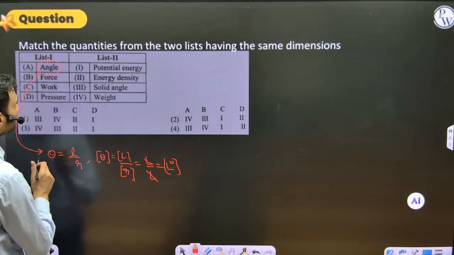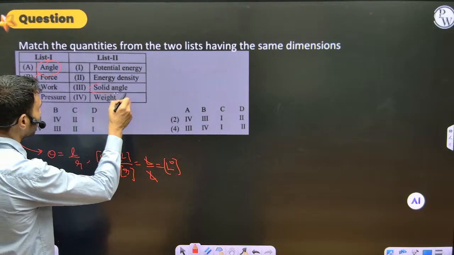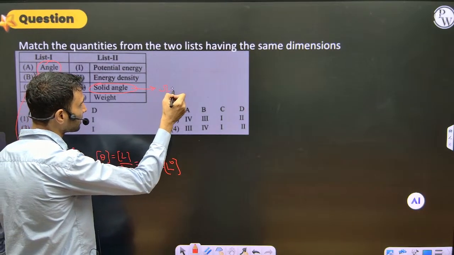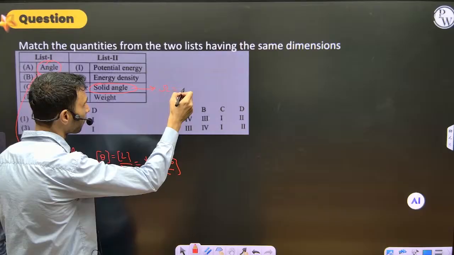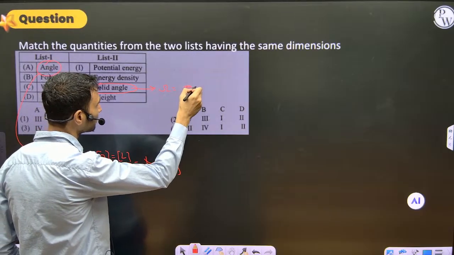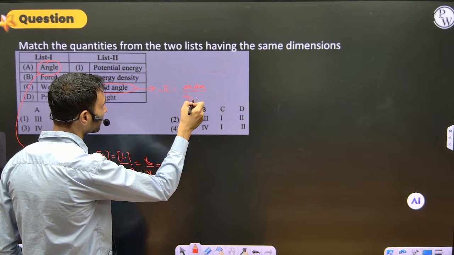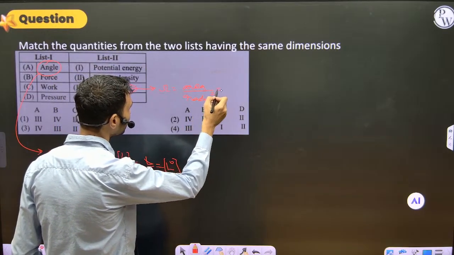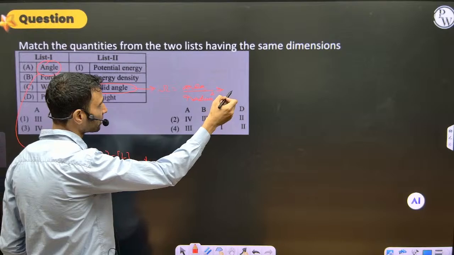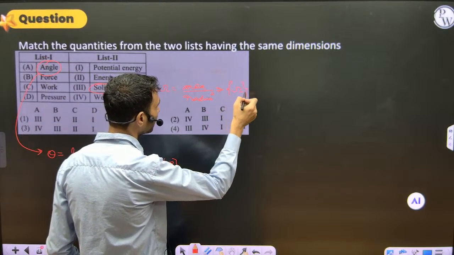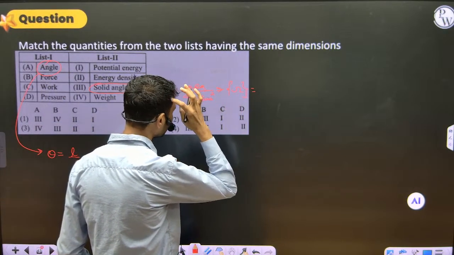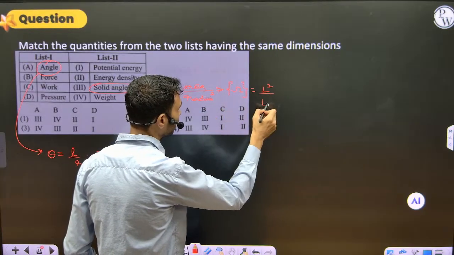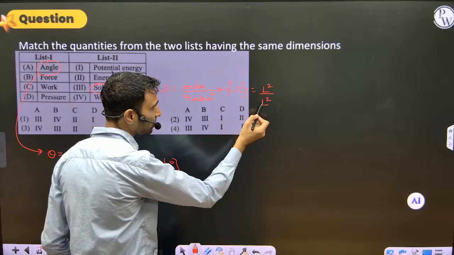That is theta. What about solid angle? The formula for solid angle is area by radius square. If you talk about the dimension of omega, it will be area, which is L square, divided by radius square, so length square.